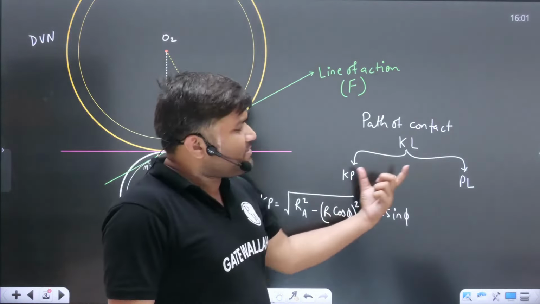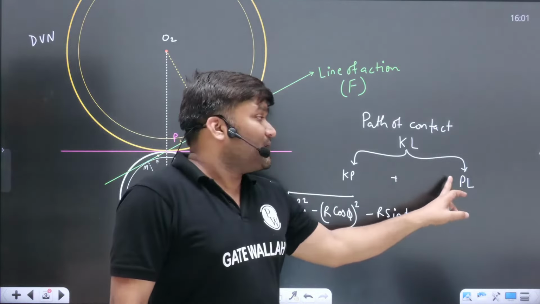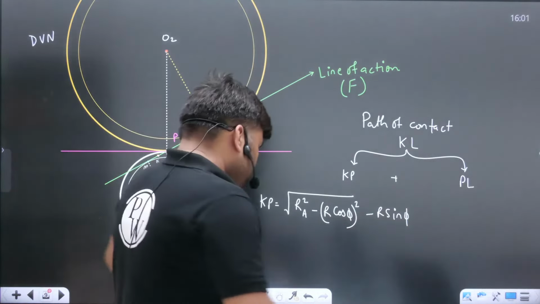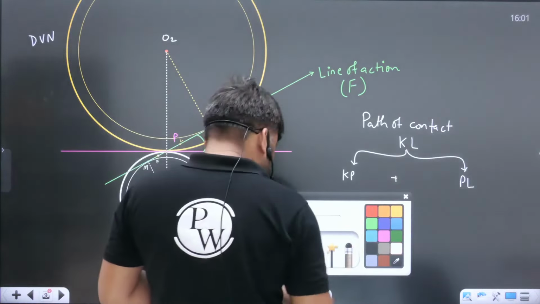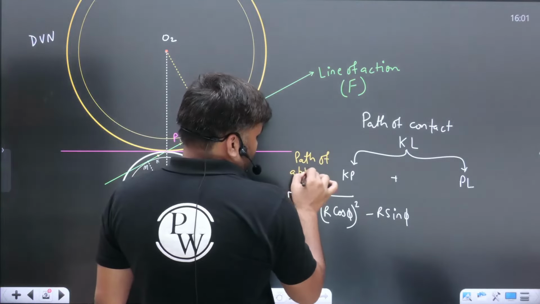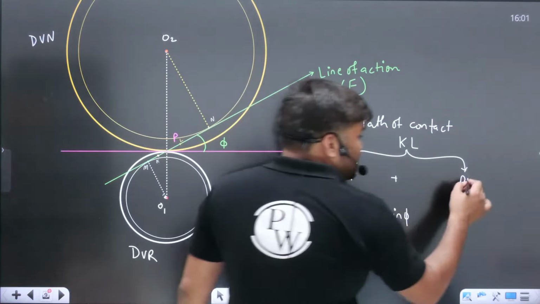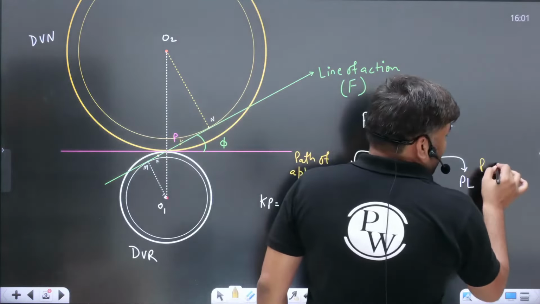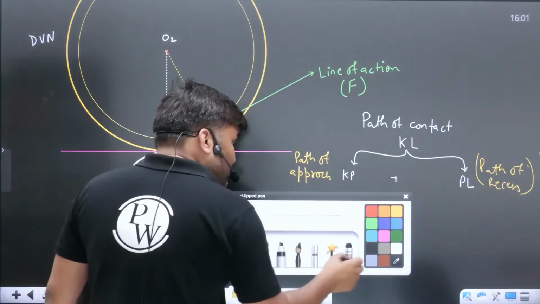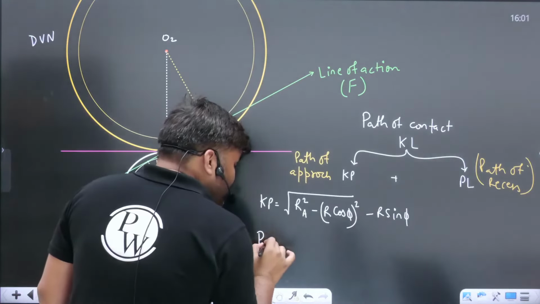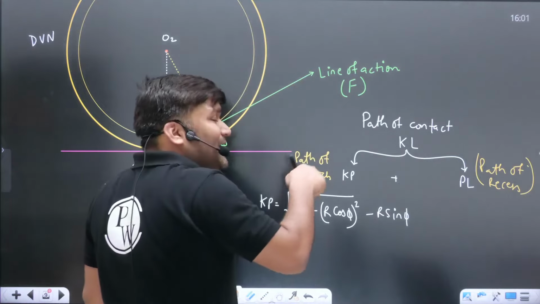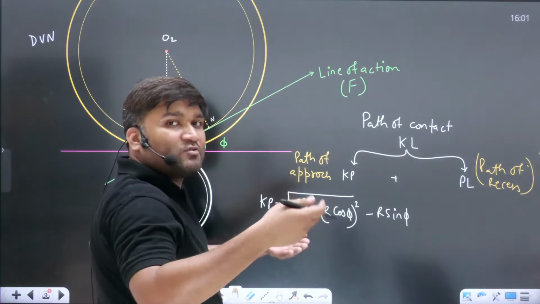Similarly, exactly the same formula you are going to get for this PL part. KP is known as the path of approach, and this PL is known as the path of recess, beta. है ना? Same formula you are going to get for PL, but in terms of small ra, small r, in terms of the radius of the pinion, beta.